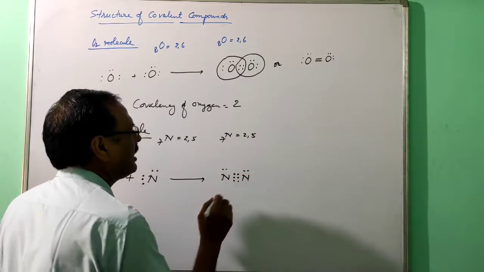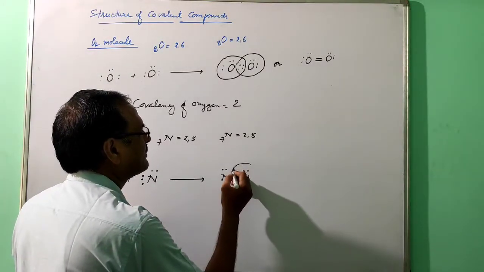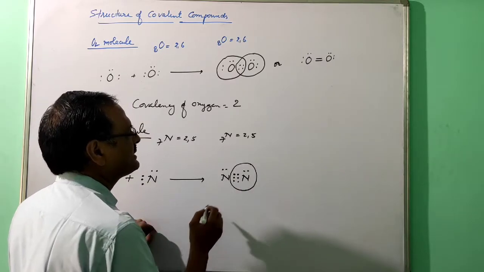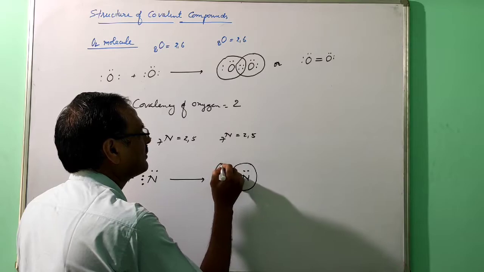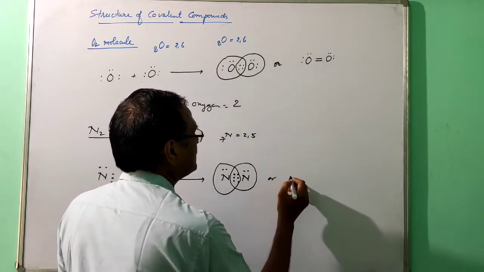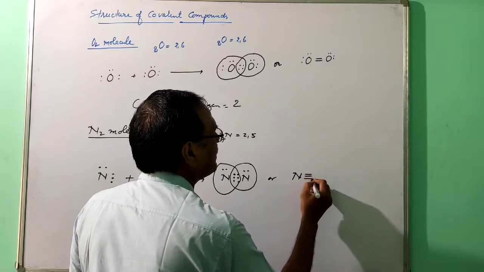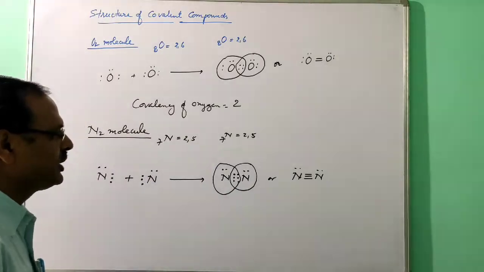Now the octet is complete. So this nitrogen octet is complete. This nitrogen also, octet is complete. So this will become a triple covalent bond.